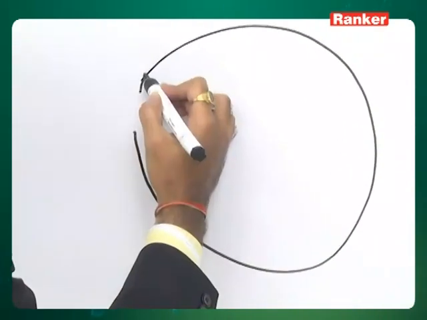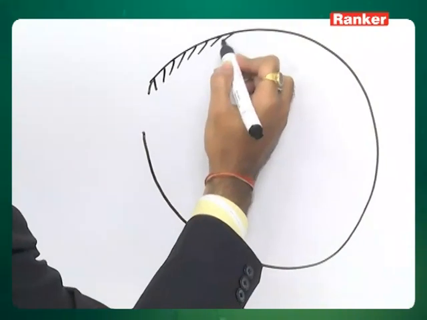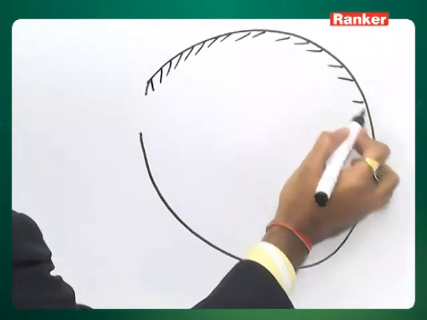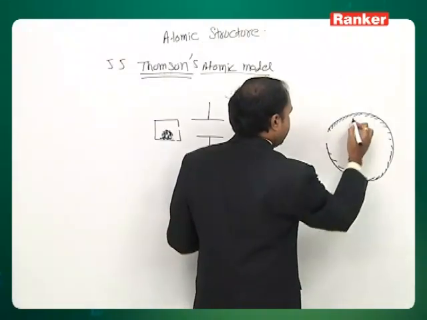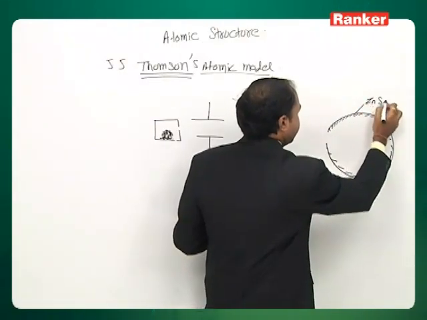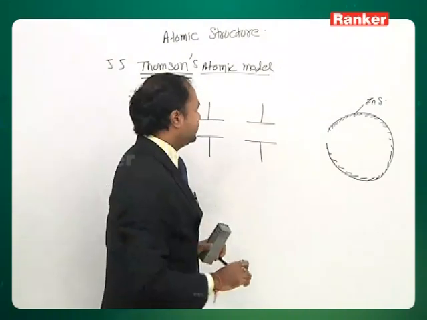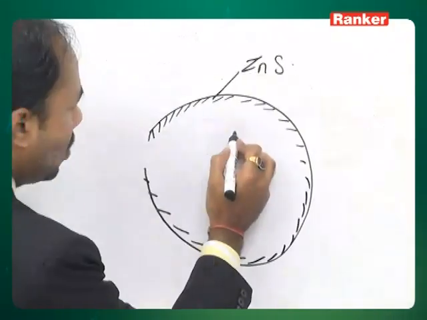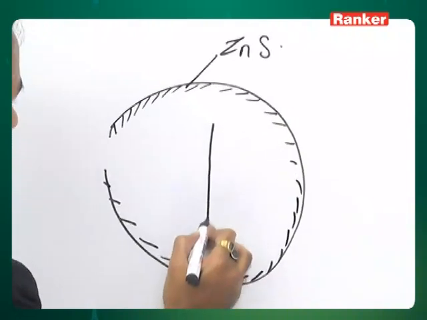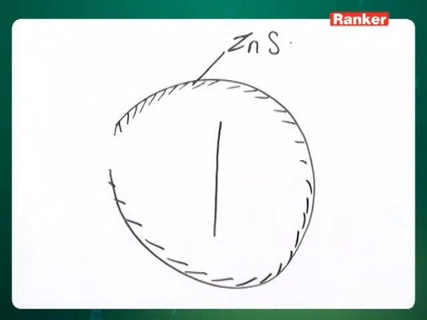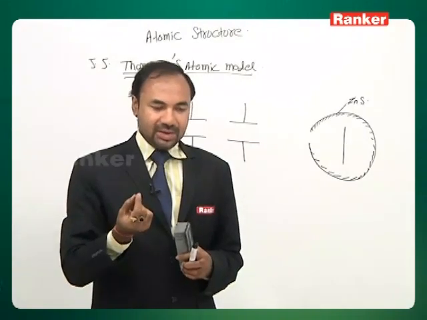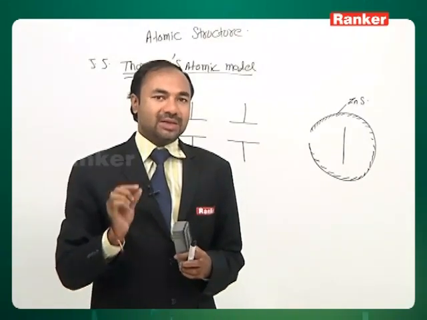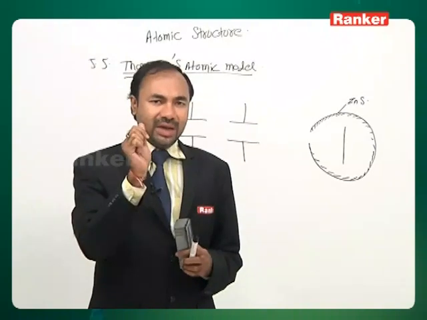In this disc, the inner side of the disc was coated with zinc sulfide. This was coated with ZnS like this, and here he took a very thin gold foil. The reason for taking the gold foil was mainly that this is a noble metal and its property is that it's highly malleable, so we can make very thin layers of gold.